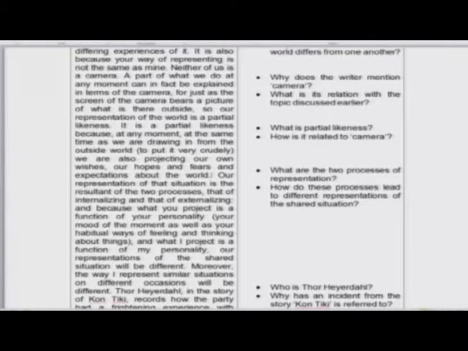So, you can say that the exact replica of the world is corrupted by our own wishes, hopes and fears, expectations about the world. So, therefore, at best we can say there is partial likeness, but it is never going to be an exact replica. Okay.